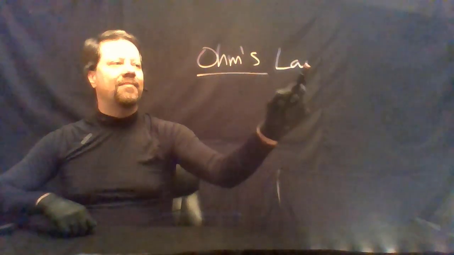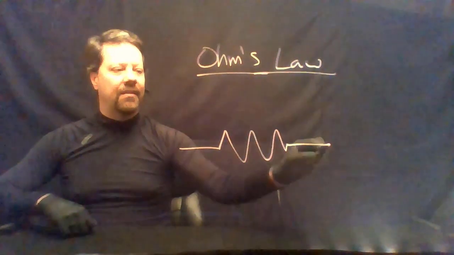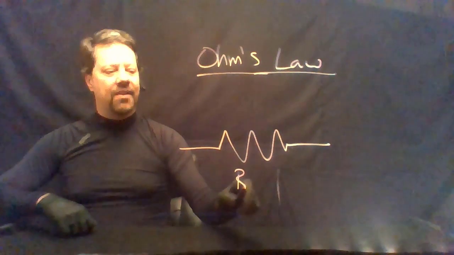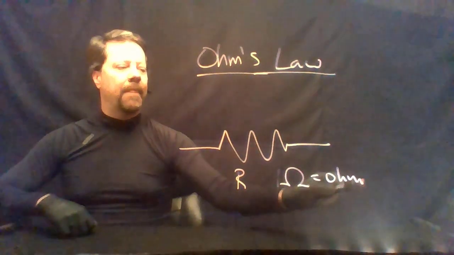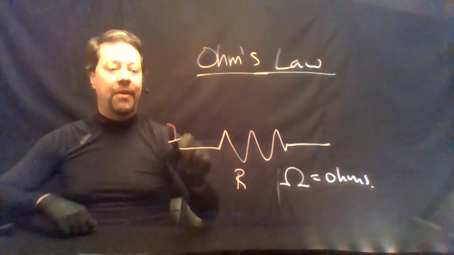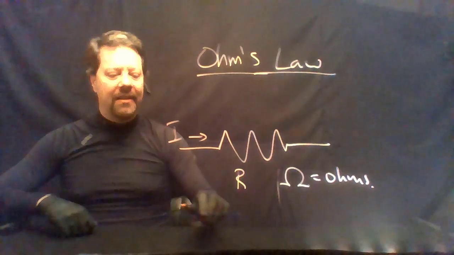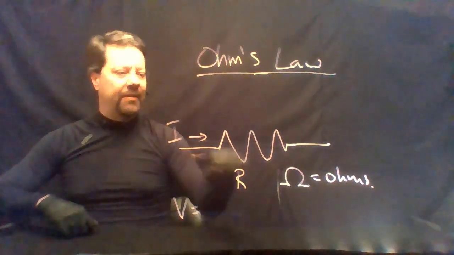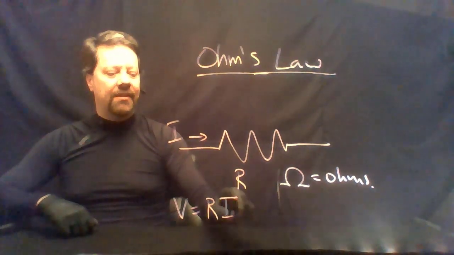Ohm's law says that if you have a resistor of some resistance R measured in ohms, and if you have a current I going across that resistor, then the voltage drop across the resistor is the resistance times the current.